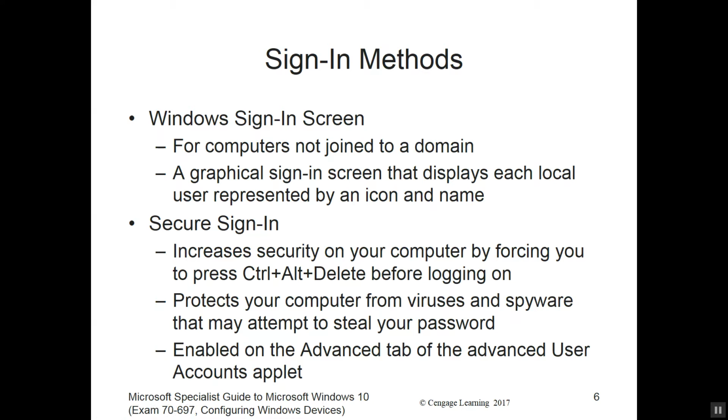It's a little circle down on the left side of the screen. Secure sign-in increases security on your computer by forcing you to press Control-Alt-Delete before logging on. It protects your computer from viruses and spyware that may attempt to steal your password. It's enabled on the Advanced tab of your Advanced User Accounts applet.